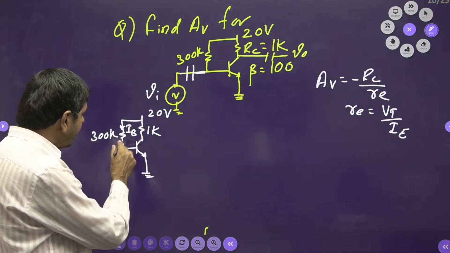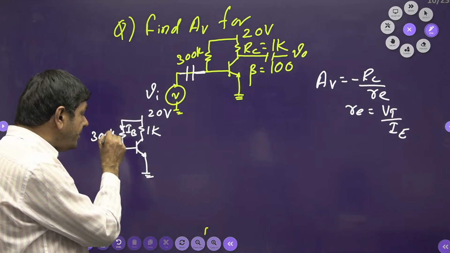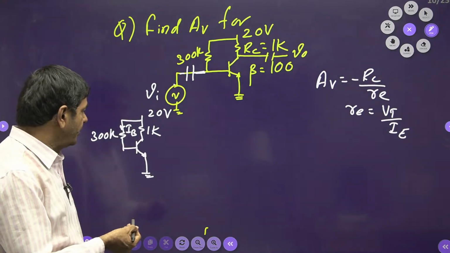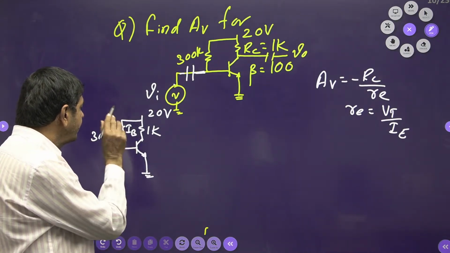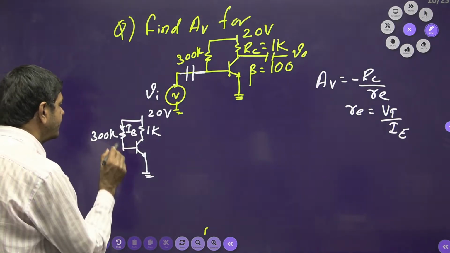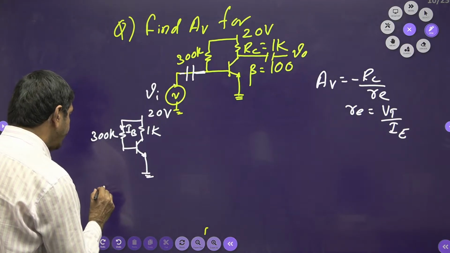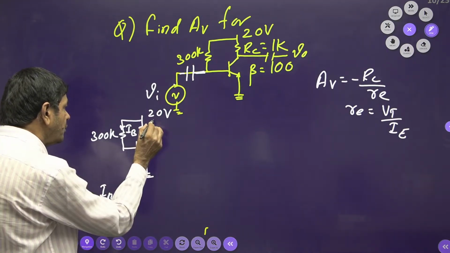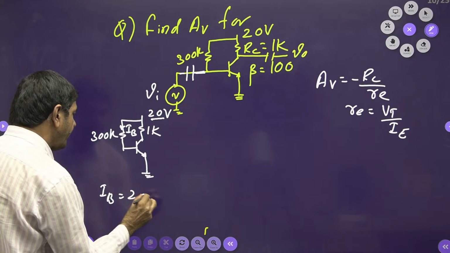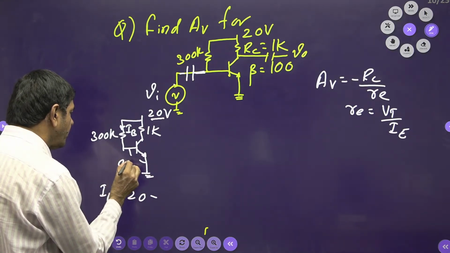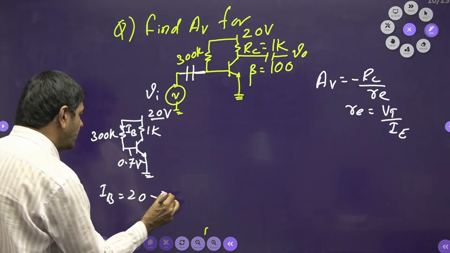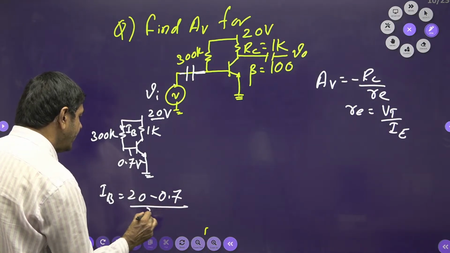If voltage divider biasing were given, I could get the VB value, but here I cannot get VB. So IB is a must. IB is nothing but 20 volts minus 0.7 volts VBE, divided by 300K.